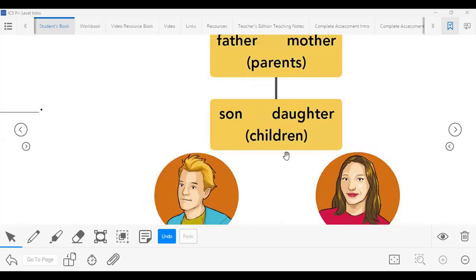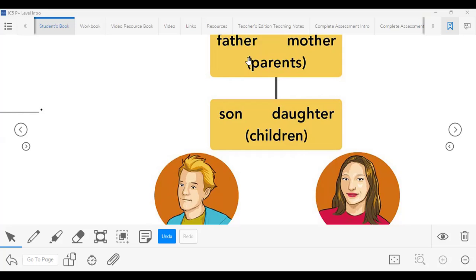Okay, so we have here son and daughter. Together can be children. My children. If I have two daughters, can be my children are beautiful. So they are so cute. If I have two sons, my children are... okay, well, there are many children in the park. It's correct. But when you talk about your son or your daughter, you can say children too.